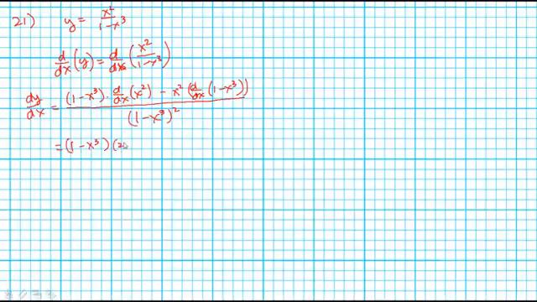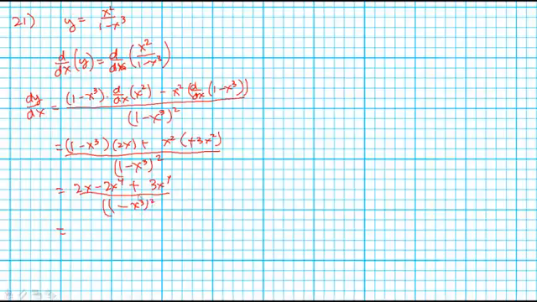The derivative of x squared is 2x. Derivative of negative x cubed is negative 3x squared. And this is all over 1 minus x cubed squared. Let's distribute this through. 2x minus 2x to the fourth minus, this and that cancel to make a plus, and we end up with 3x to the fourth all over 1 minus x cubed squared.